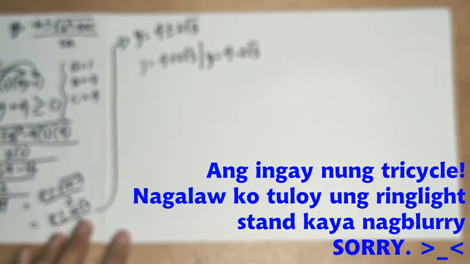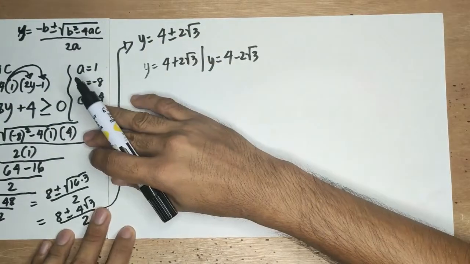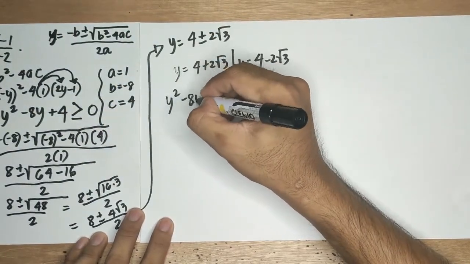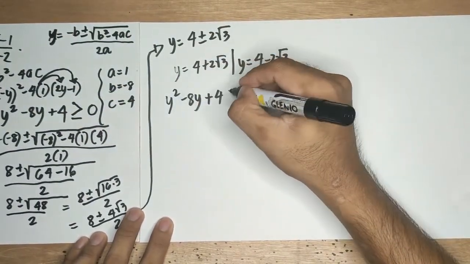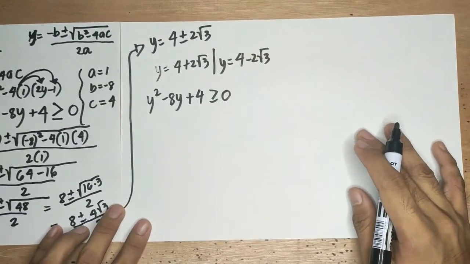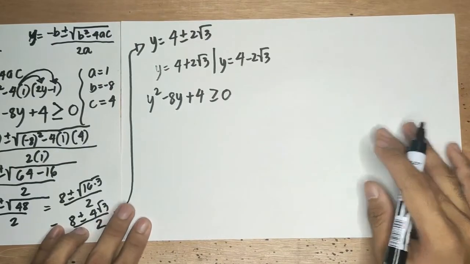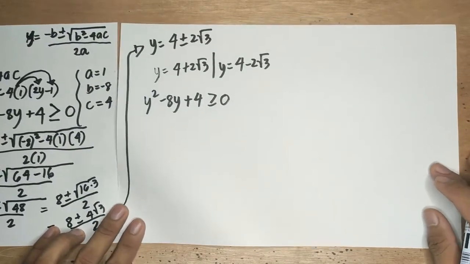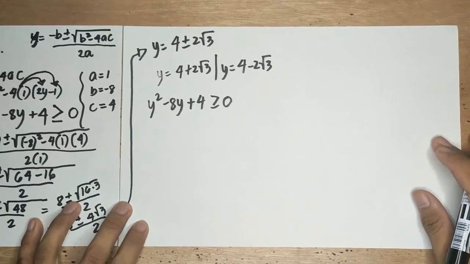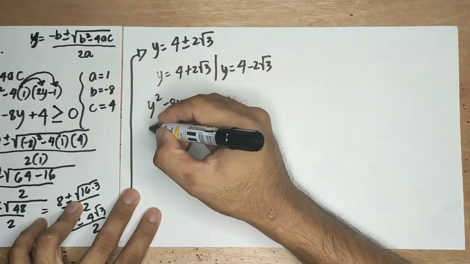The next method, since we are dealing with y squared minus 8y plus 4, how do we solve quadratic inequality. Same lang dun sa method na ginamit natin. I-pair kay negative infinity yung pinakamaliit.